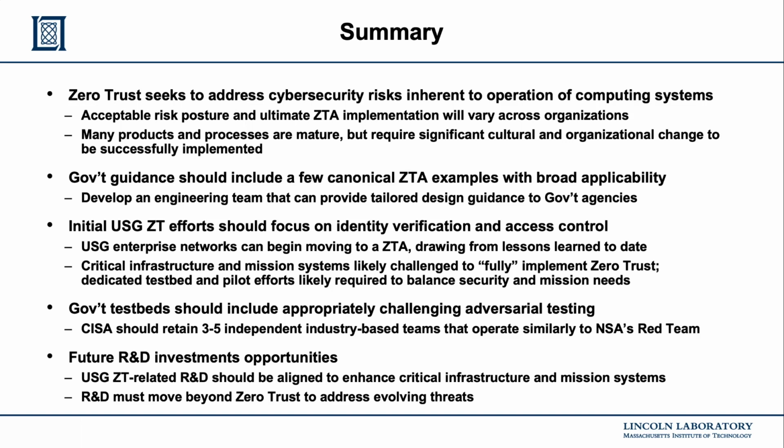We think that DHS's CISA organization could be a good place to retain 3 to 5 of these independent industry-based teams that might operate similarly to red teams operated by the National Security Agency. And we think that there are future R&D investment opportunities in applying zero trust concepts to critical infrastructure and mission systems, as well as moving beyond zero trust into where our adversaries might be evolving.